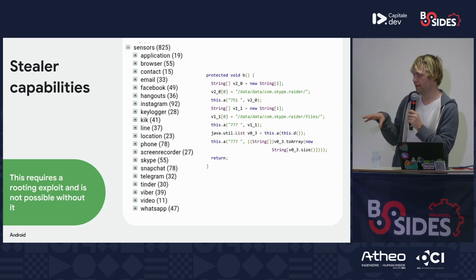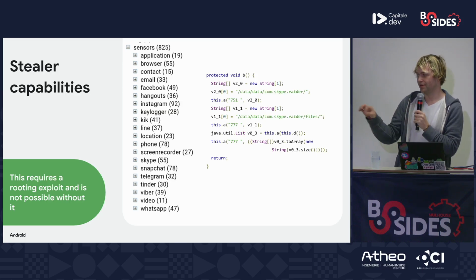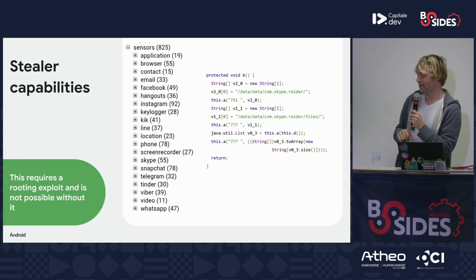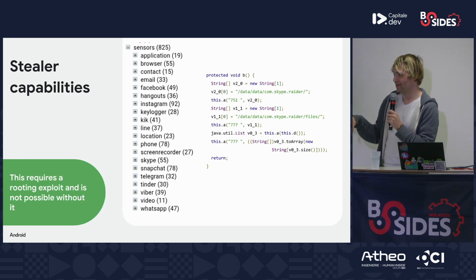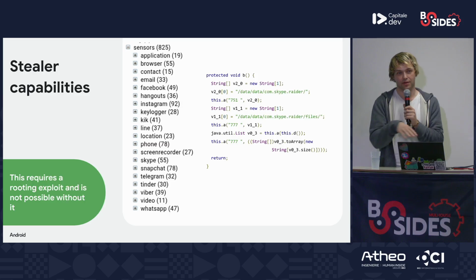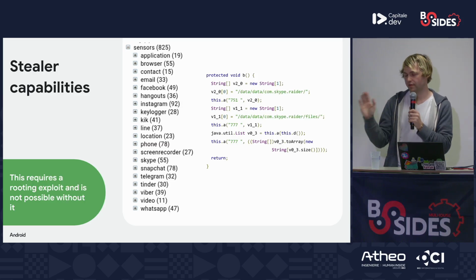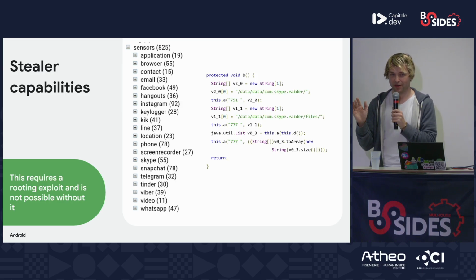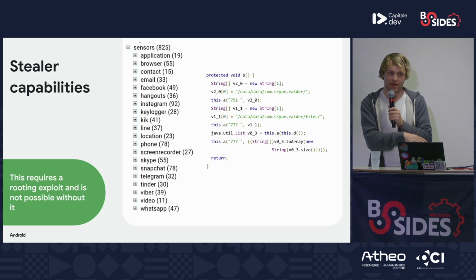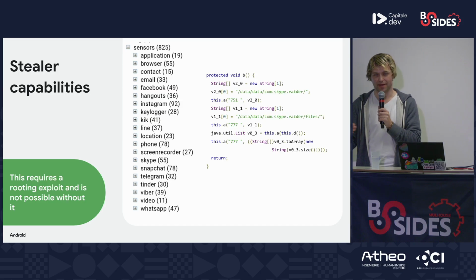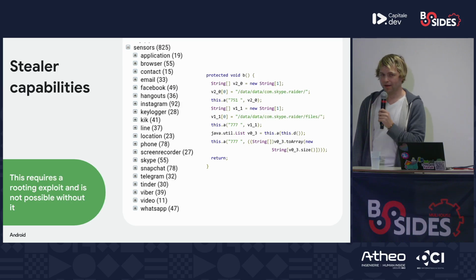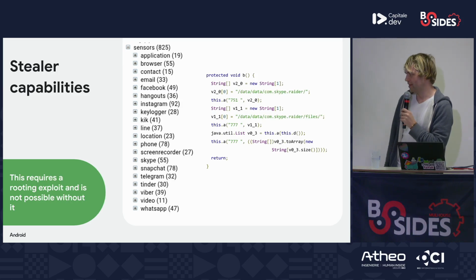And that's also a theme, if you want kind of a tip that's not directly related to Stalkerware. That's also a theme with other malware families that I've seen. So if you have a rooted device, for whatever reason, as a user you decided to root your device, malware will use that root to gain elevated access. So you're kind of opening it to more badness, basically.